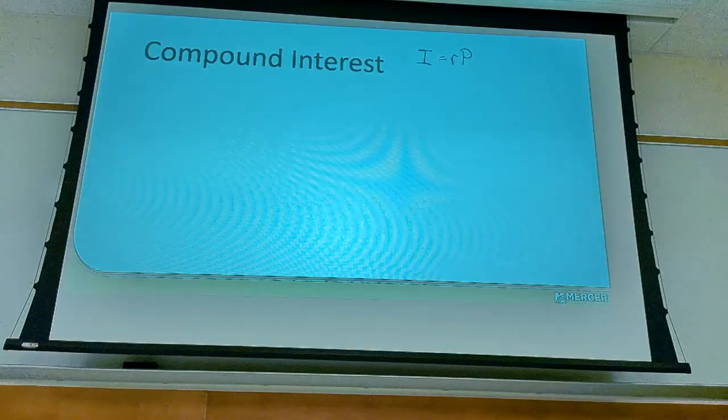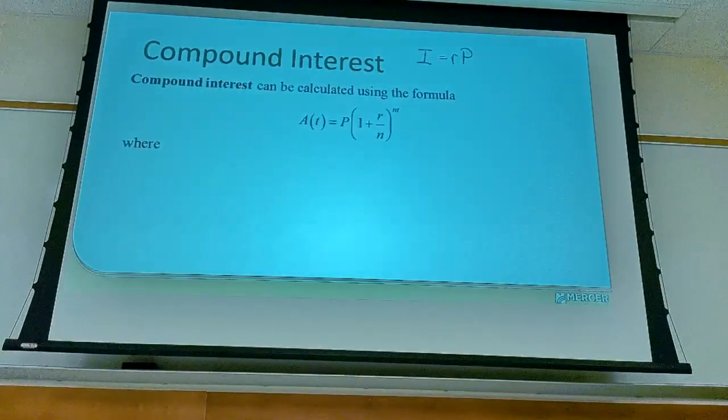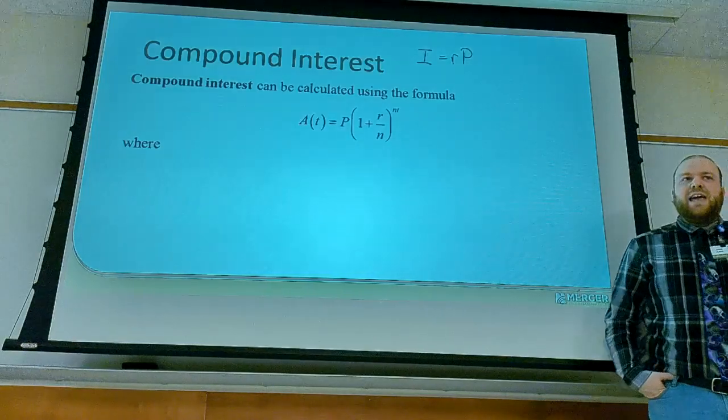I believe I went through the derivation in the video, so I'm not going to go through it again, but you'll wind up with the compound interest formula, A of t equals P times (1 plus R over N), all raised to the NT.